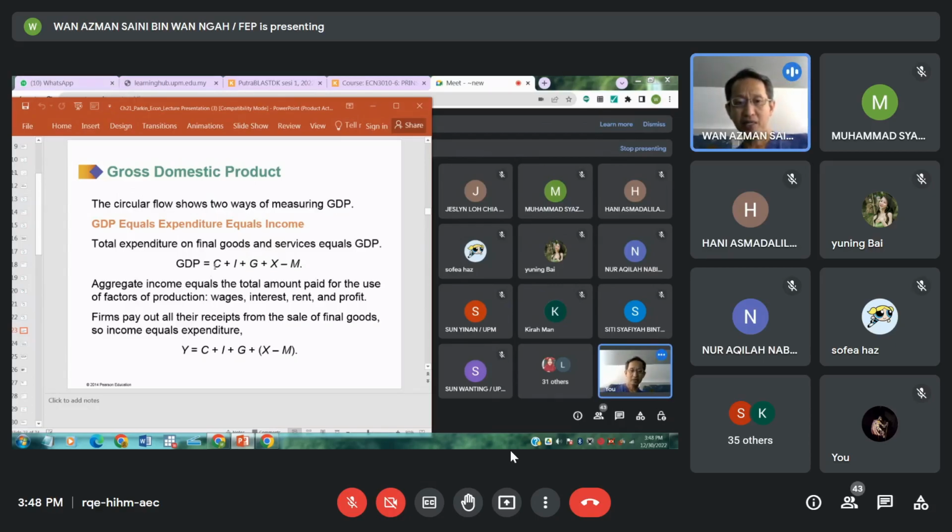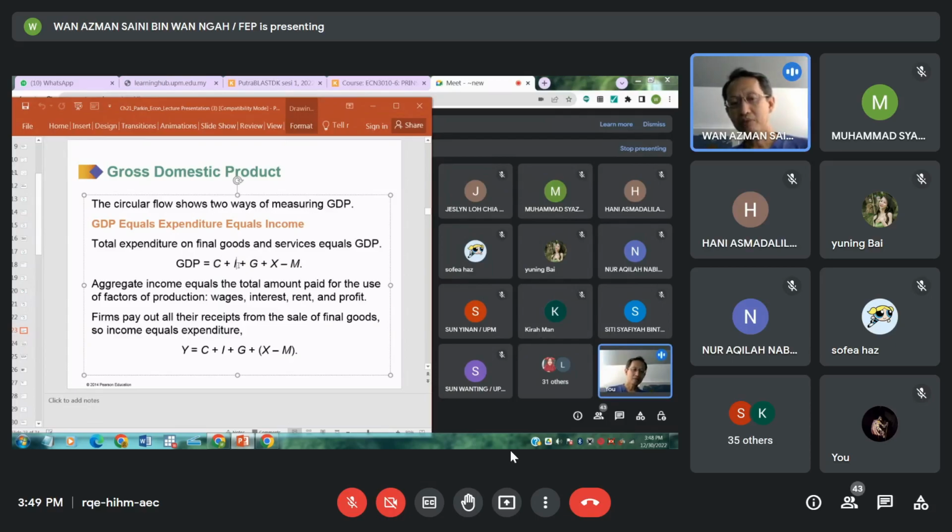This is spending by households on all goods, not only goods produced within the country, but also on imported goods. So this is total spending.